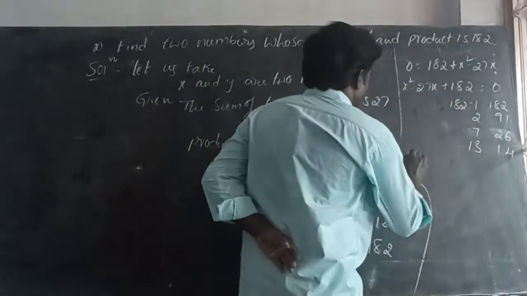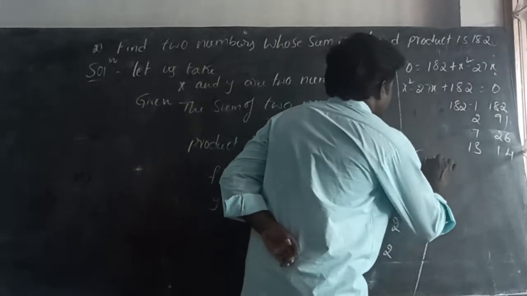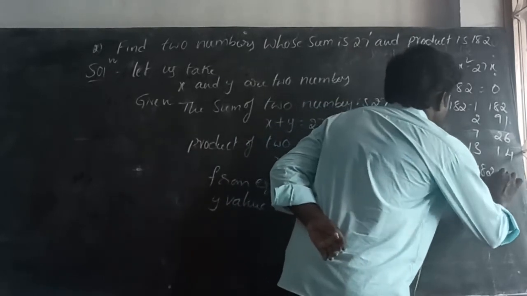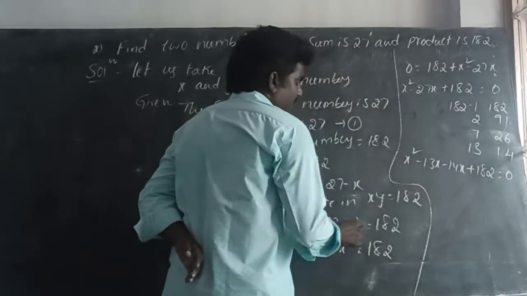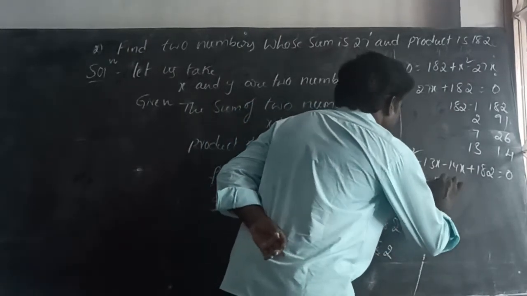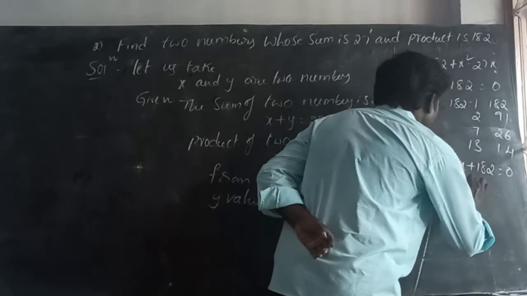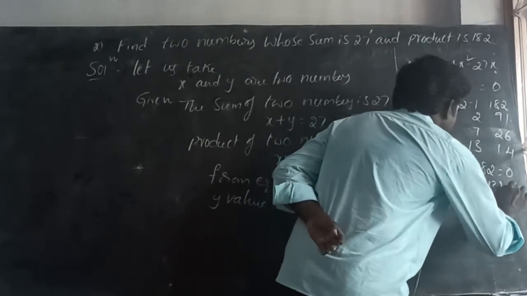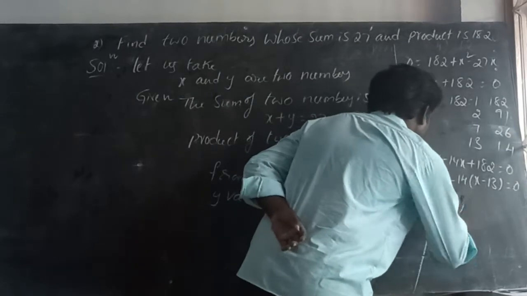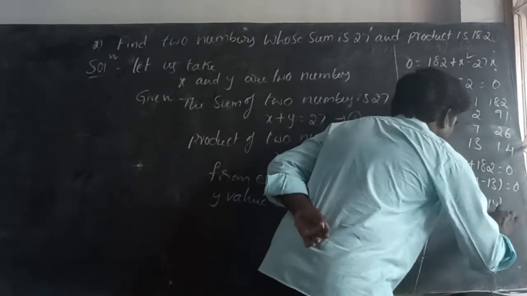So we can write x square minus 13x minus 14x plus 182 is equal to 0. In these two terms, what is common? x. So x of (x minus 13) minus 14 of (x minus 13) is equal to 0. Next, (x minus 13)(x minus 14) is equal to 0.